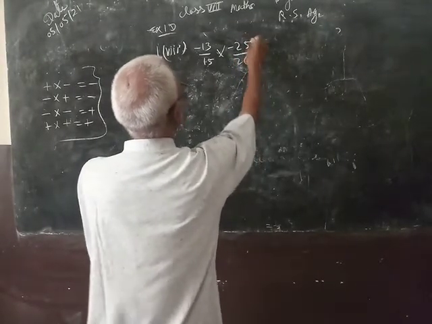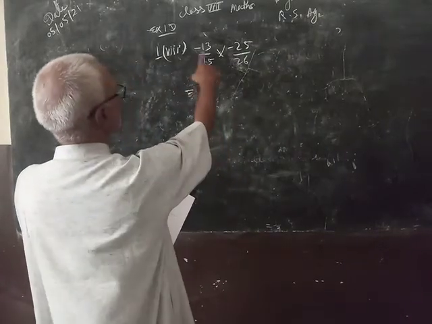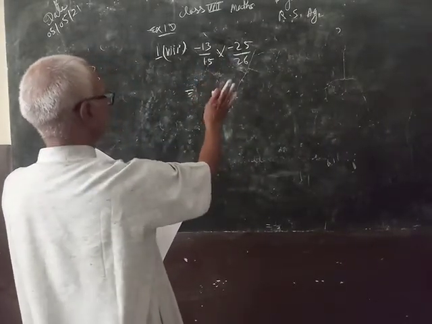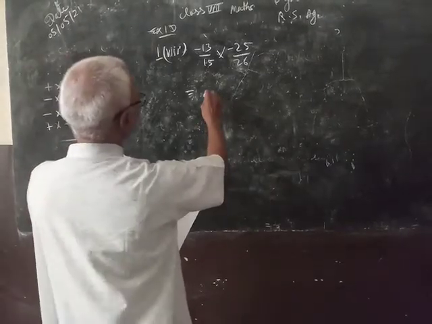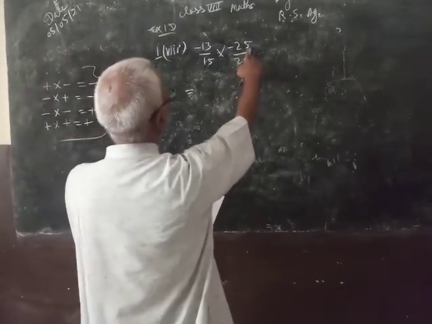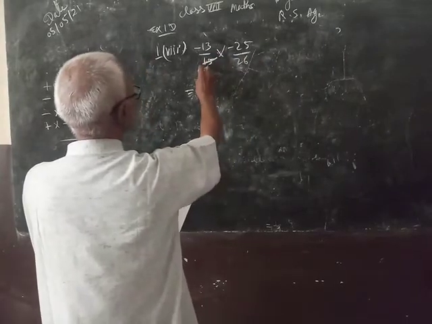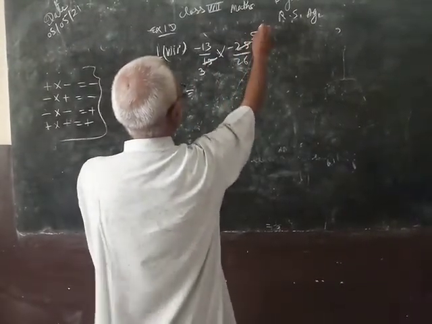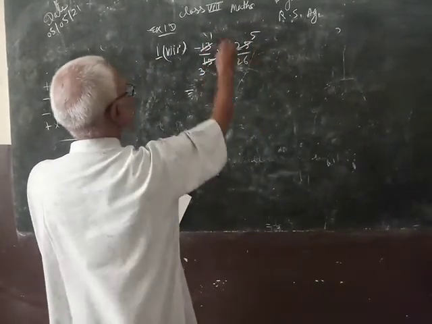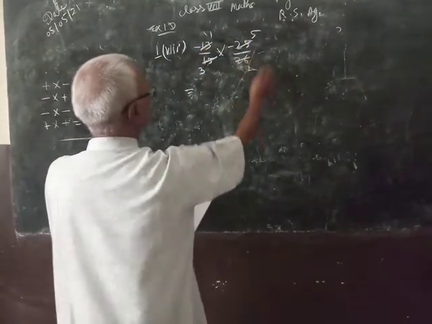This is the question given. So you see here, minus into minus becomes plus. No need to write plus. And 15 and 25 can be simplified. 5 threes are 15, here will come 5 fives are 25. 13 ones are 13 and 13 twos are 26.